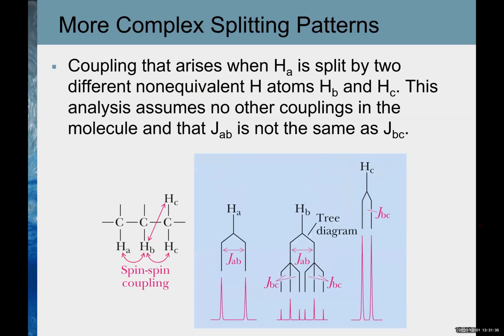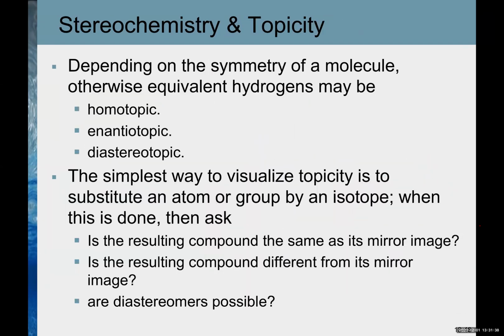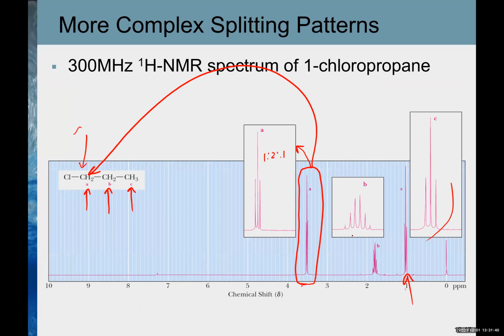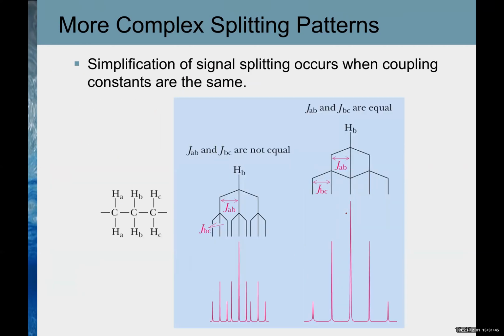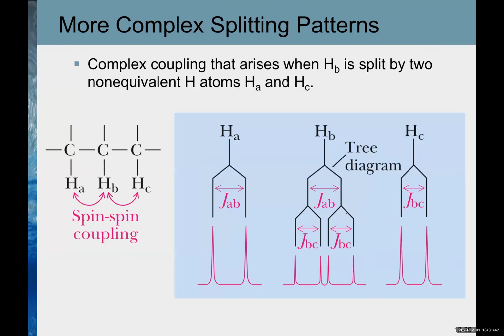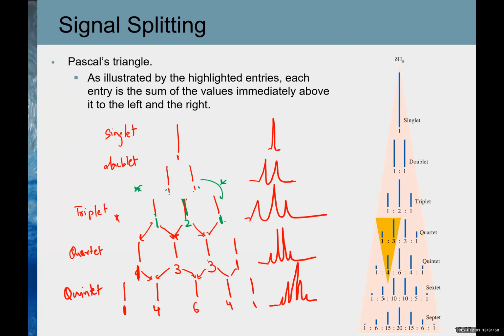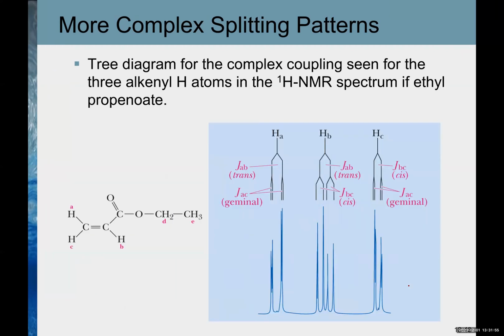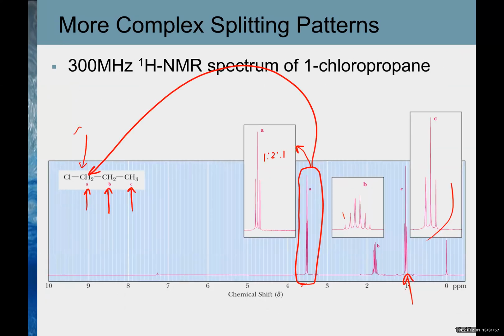So there are 6 peaks, and I was just going to look at the ratio. It's 1, I don't remember. Okay, 1:5:10:10:5:1. So that is the ratio.